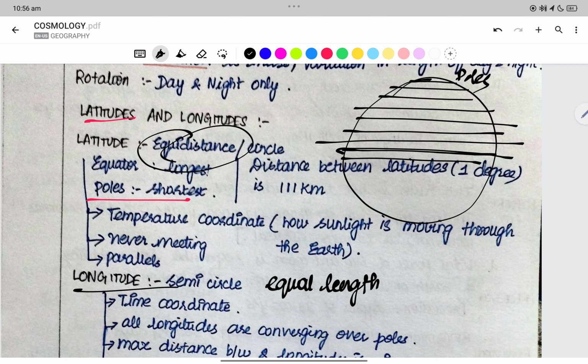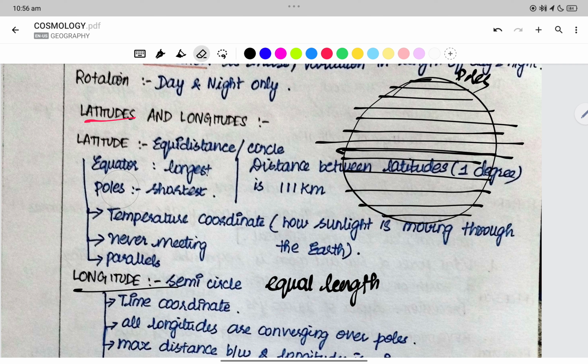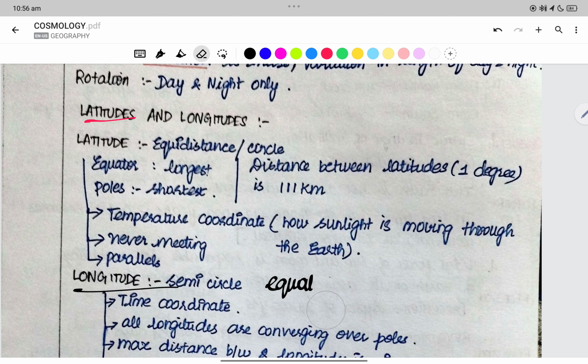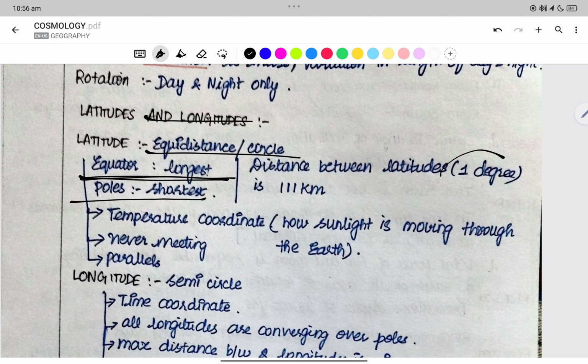It is decreasing in its size, whereas the distance is always the same with respect to the latitudes. Equidistance circles are what we call the latitudes. The equator is the longest and at the poles is the shortest, and the distance between the latitudes is 1 degree.